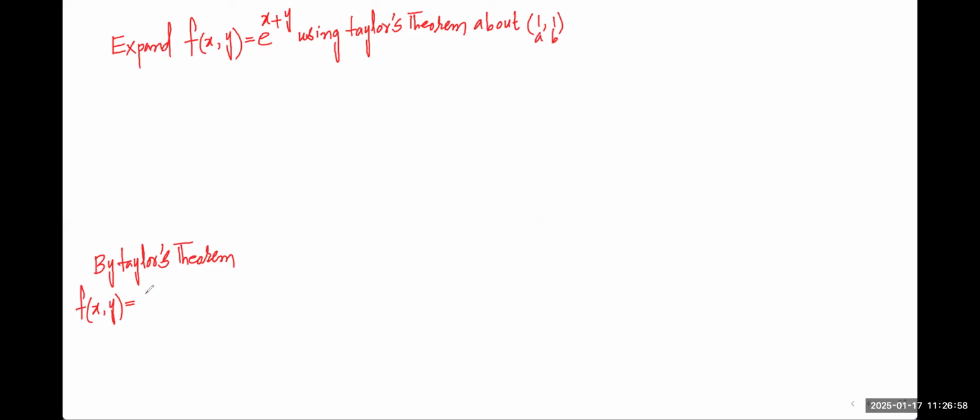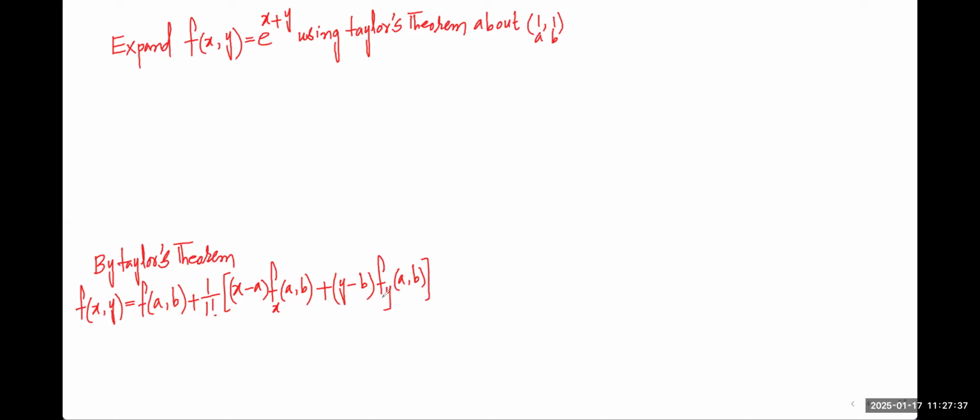First to frame the formula, f of a comma b plus 1 by 1 factorial, this is x minus a into fx of a comma b plus y minus b fy of a comma b.